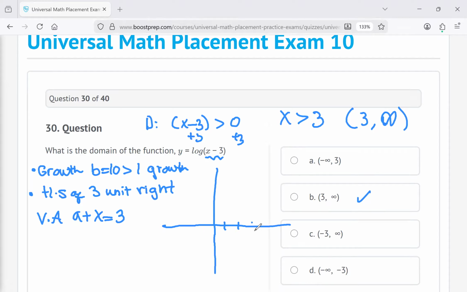There's 1, 2, 3, 4. Here's 3. Do a vertical dashed line. And then we know it's a growth, so I think it's going to look like this. So as you can see, our x values are from 3 to infinity, so b.